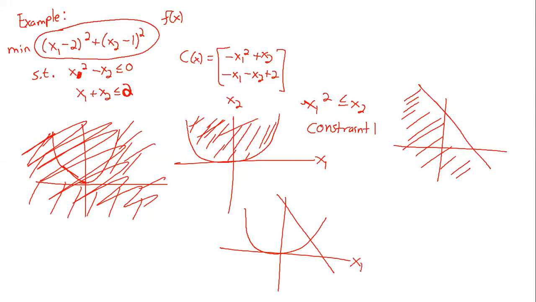Here we have x1, we have x2, and then over here, above the parabola. So to the left of the line and above the parabola is where both of those are true. So this is actually the feasible region, because this is the region where all the constraints are met at once. So here's our feasible region.